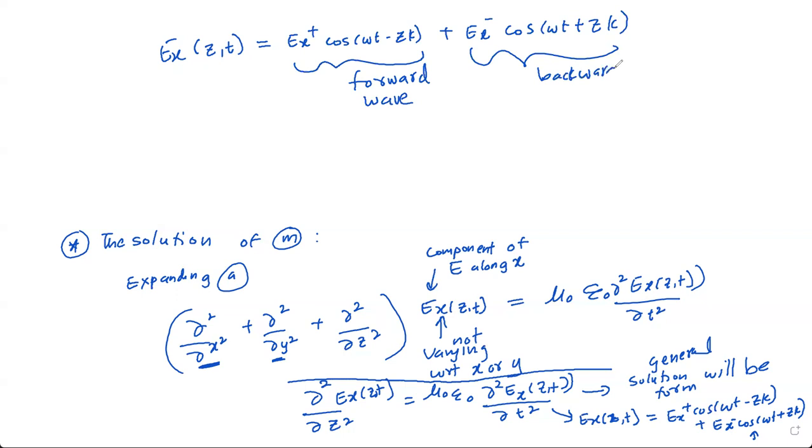So this is a general equation which shows that there could be two forms for the electric field: the forward wave and the backward wave. Sometimes there could be a combination of the two.